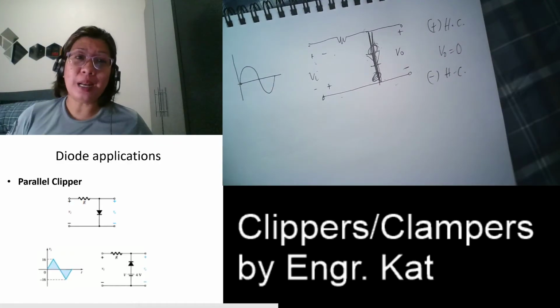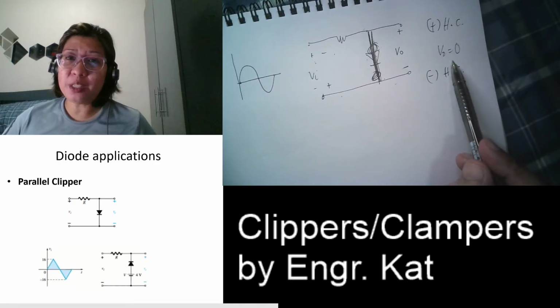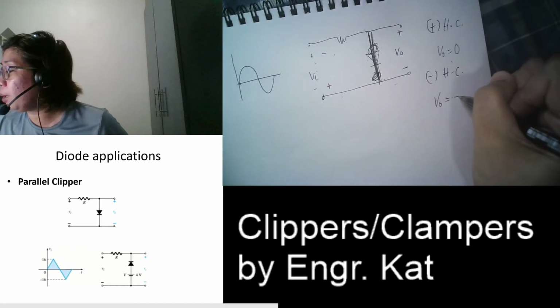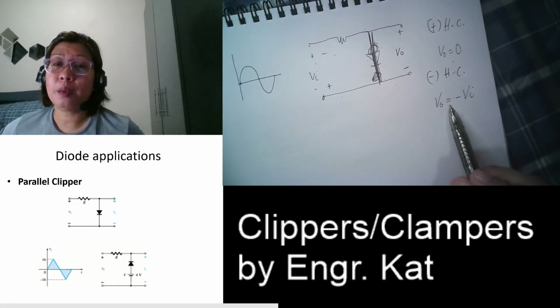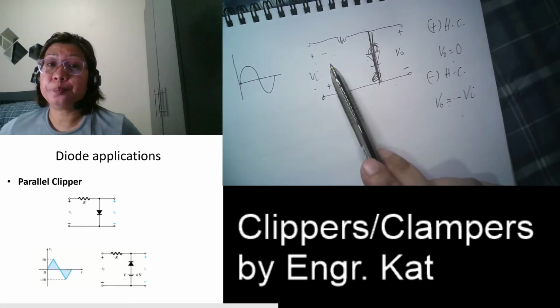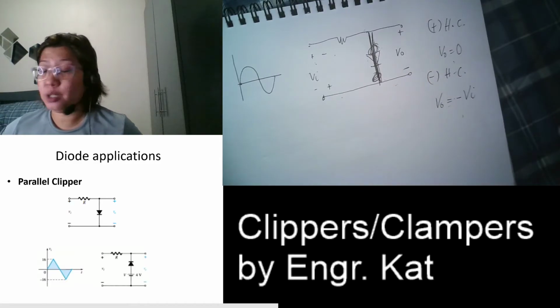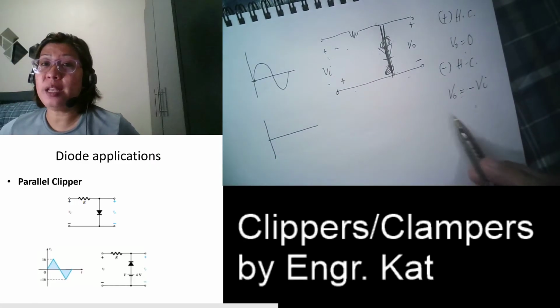Okay? So for parallel, if it is forward bias, your output is 0. But if it is reverse bias, we have an output. And what is your output? Your output is equal to the negative of your input. So why negative of your input? Because you have here minus and plus, and this is plus and minus. So if we redraw it here, you have negative your input.